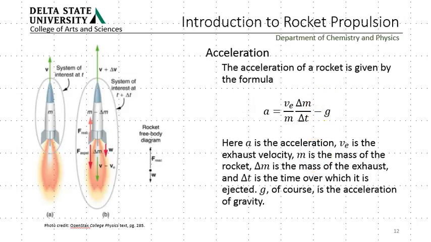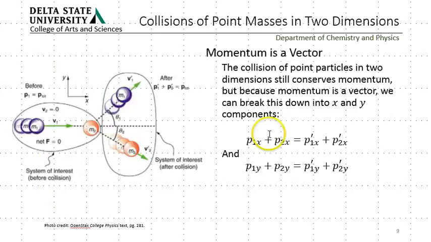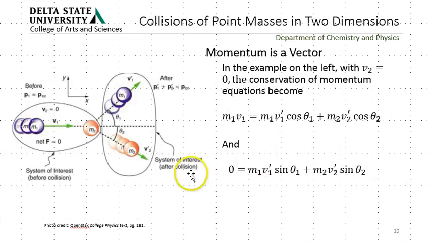All right, quick review. Collisions: we add up the momentum in each direction. For this problem, it looks like this when we put in some of the values. Momentum's a vector, so the x components have to add up before and after, and the y components have to add up before and after to be the same.